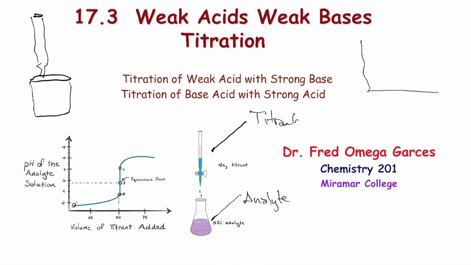If your titration curve starts below 7, then remember, you are monitoring the analyte with a pH meter. If your pH is below 7, that analyte is an acid. If your titration curve starts above 7, then that analyte is a base.